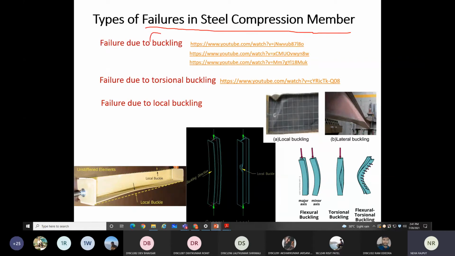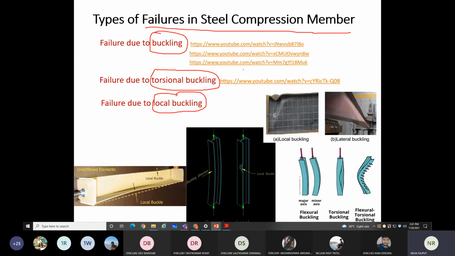One is known as failure due to buckling. Second is failure due to torsional buckling. What is the difference between buckling and torsional buckling? We will see in this video. And third is known as local buckling.